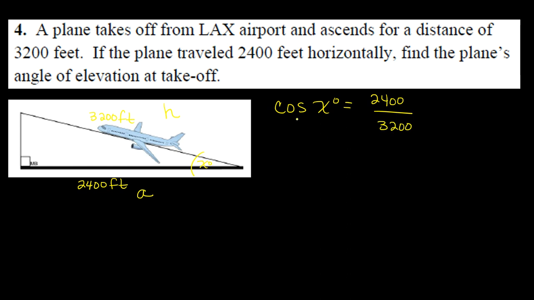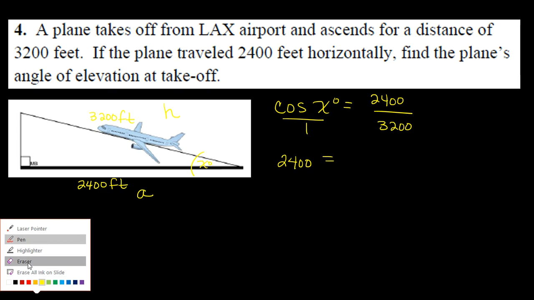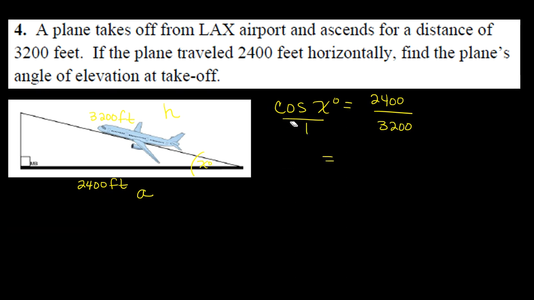We're going to cross multiply. Oh, forgive me. No. We're not going to do that, are we? To get x by itself, we simply take the inverse. Okay, so I'm going to take the inverse of cosine on both sides. Sorry about that. Remember, when you're finding an angle measurement, you're going to use the inverse functions.